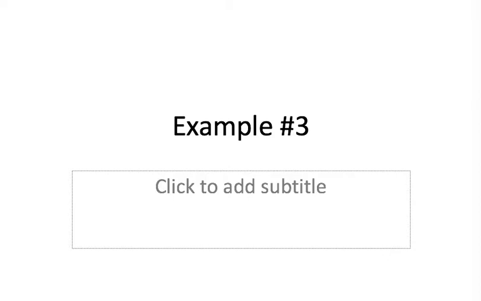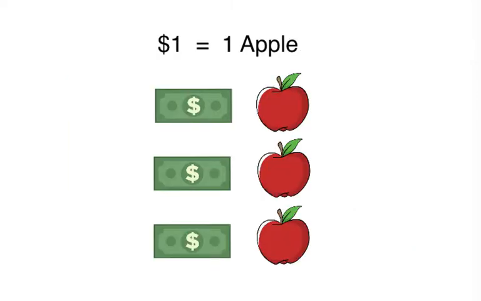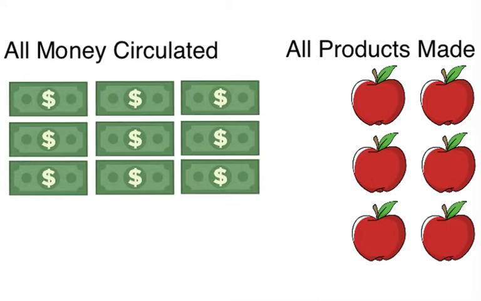Example number 3 gives that example. So if we once again start off with this example where each apple is worth $1, here both have increased, but the amount of money circulating through the economy has increased faster than the amount of product has increased.